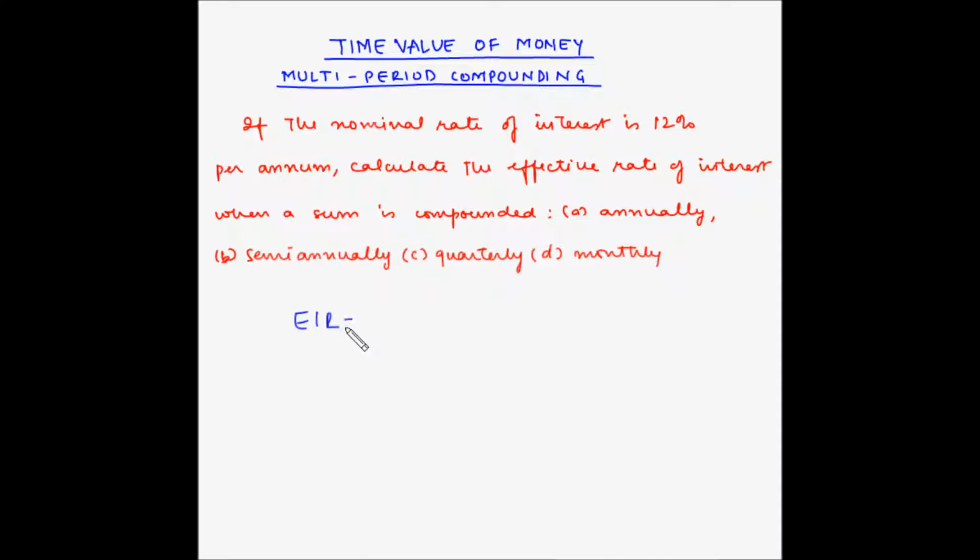So now, as we had discussed, the formula to convert the nominal rate of interest into effective rate of interest is basically the same as the compound interest, but with the principal amount of 1.